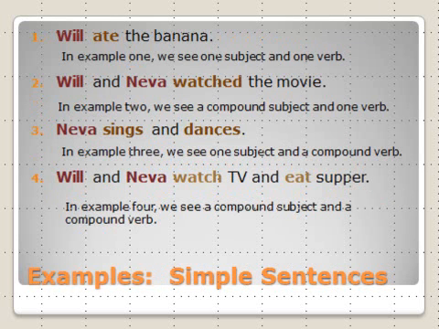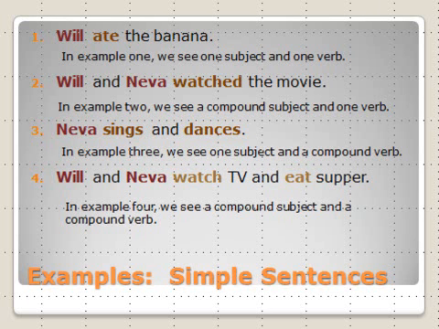Here are some examples of simple sentences. Will ate the banana. Simple sentence. Will and Neva watch the movie. Another simple sentence, but we have multiple subjects in this sentence. We have Neva sings and dances. Another simple sentence, but we have multiple verbs.